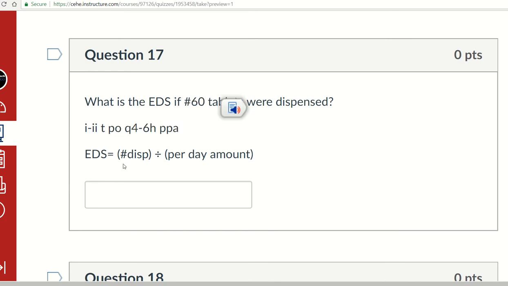So how many was dispensed? 60. And then we figured out previously, if they take 2 tablets up to 6 times, how many is that in a day? 12. So take 60, the amount you dispense, divided by the 12 that they can take in a day, and that'll let you know how many days 60 tablets would last.